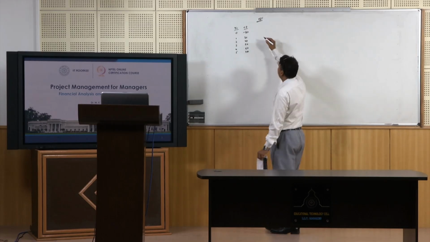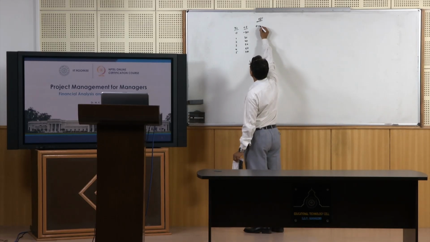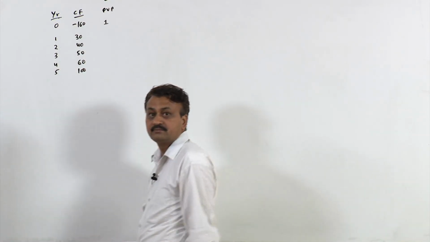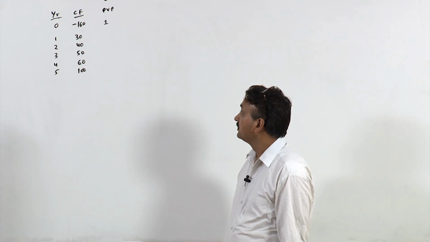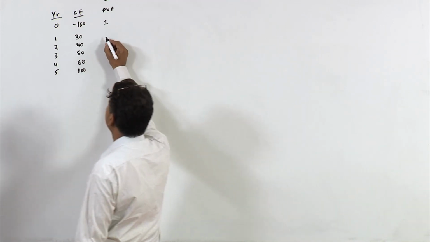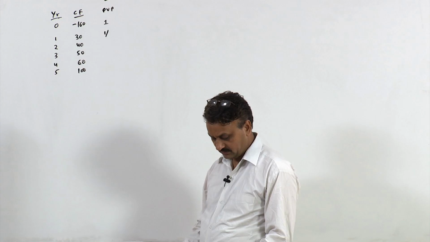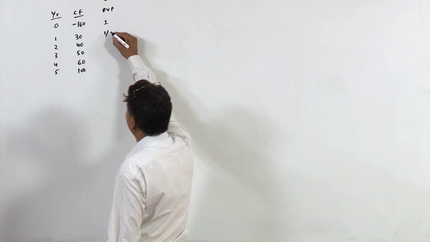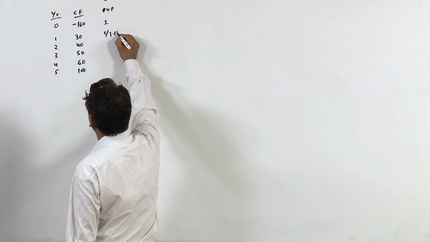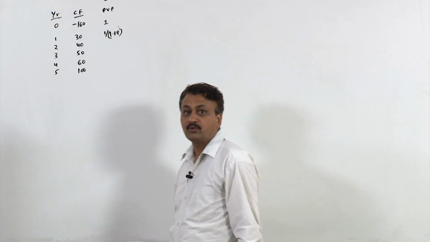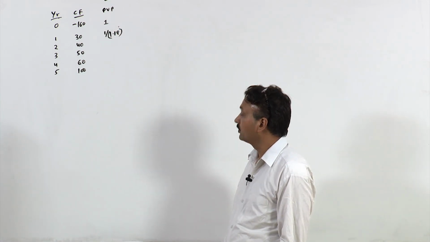So, the present value factor for the 0th year would be 1. For the first year it would be 1 upon 1.18.